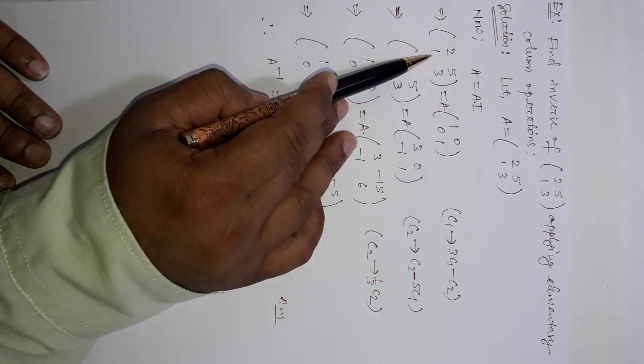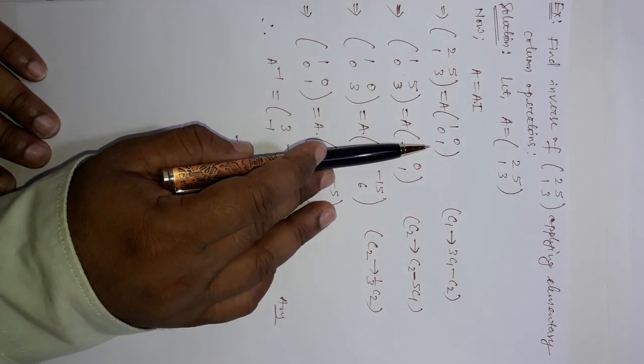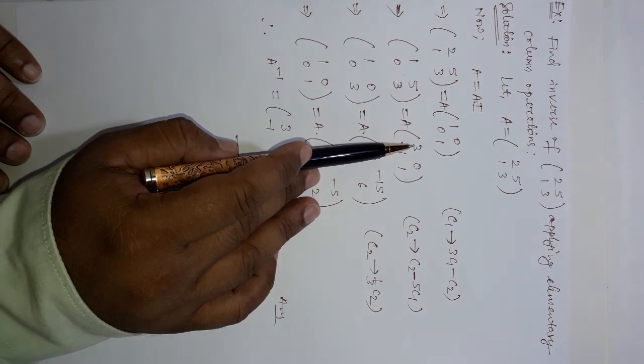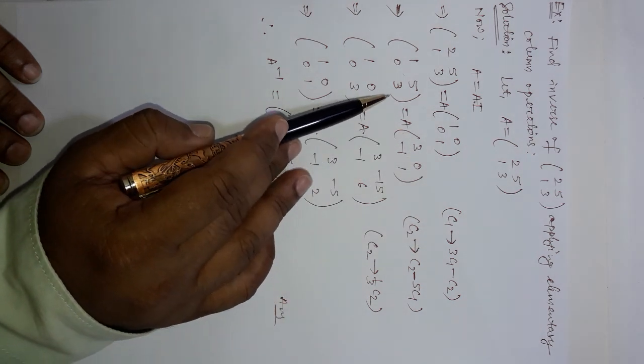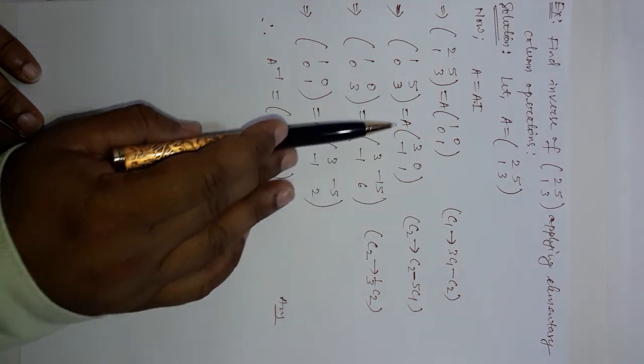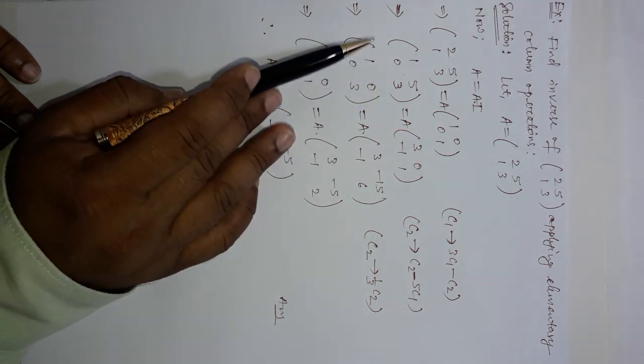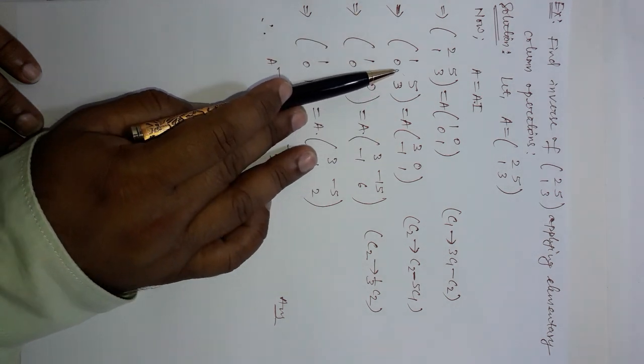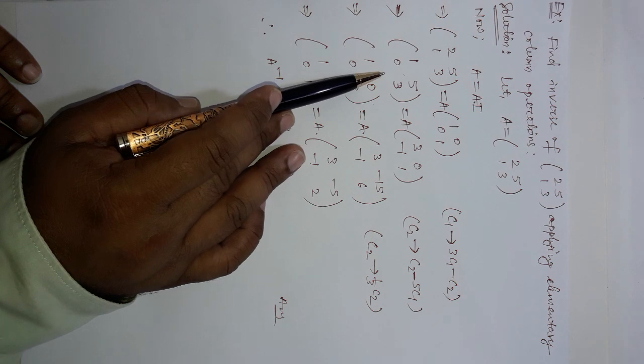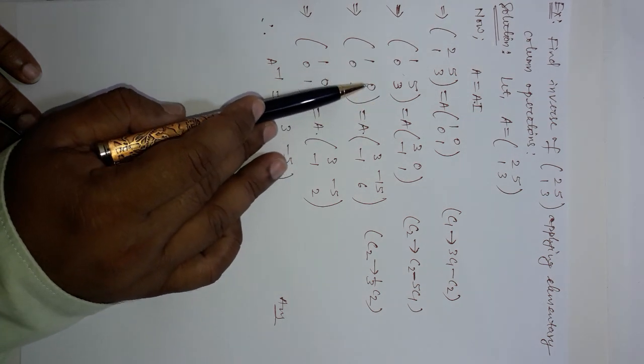On the left hand side I will write the matrix, and on the right hand side the identity matrix I will write in full, element wise. Then my aim will be to calculate in the same procedure that I adopted before, as I am using column operations. So my aim will be to get the results row wise.